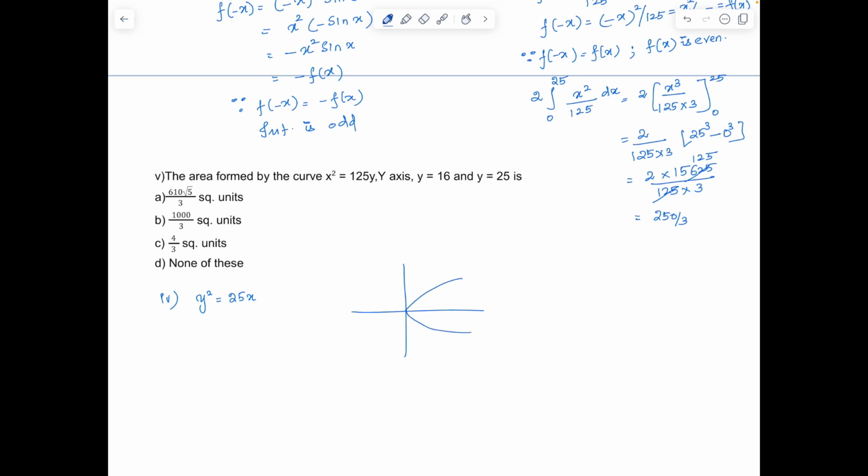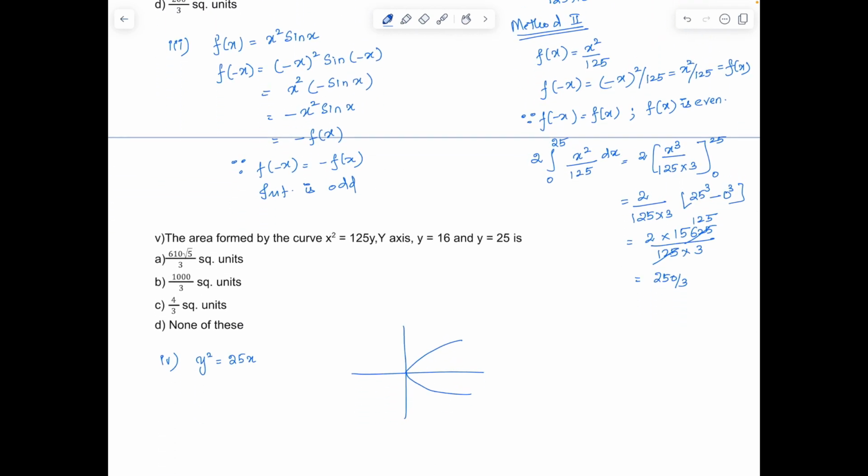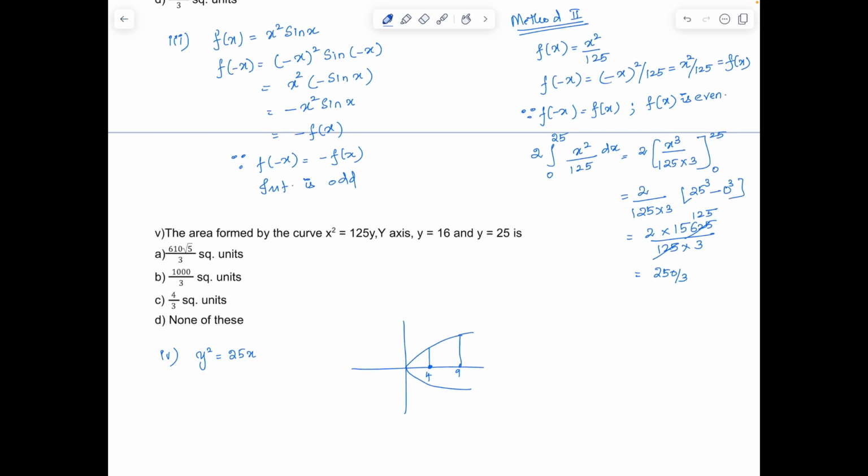And the limits are x equal to 4 and 9. Assume this is 4 and assume this is 9. So we have to get the area bounded by x equal to 4, x equal to 9 and the x-axis.